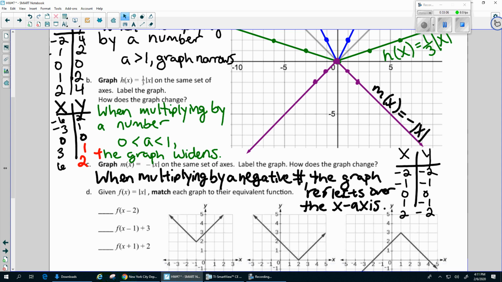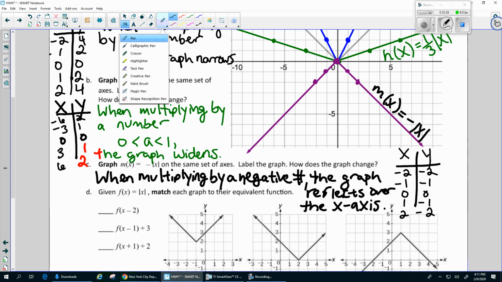So we should also make a note that if I multiply by a negative, but that negative is -2, -3, values that are more negative than -1, my graph will narrow and flip. So let's go back and revise our change when we're multiplying by a number greater than 1.